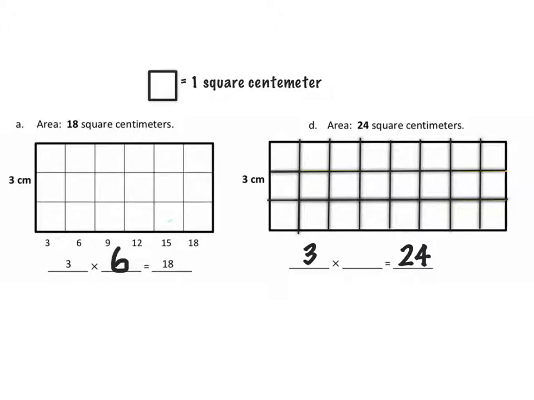Are you ready? 1, 2, 3, 4, 5, 6, 7, 8. 3 rows of 8 columns gives you the answer of 24 square centimeters, which is the area of this rectangle.